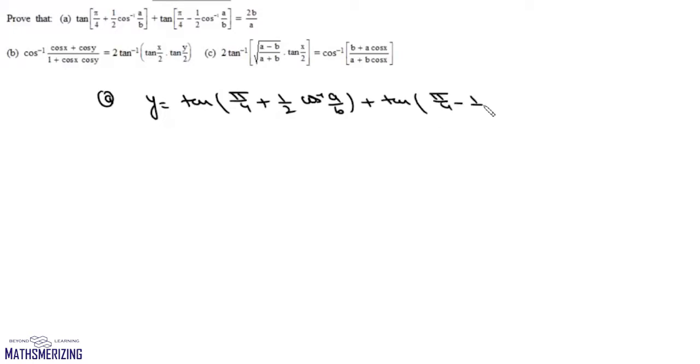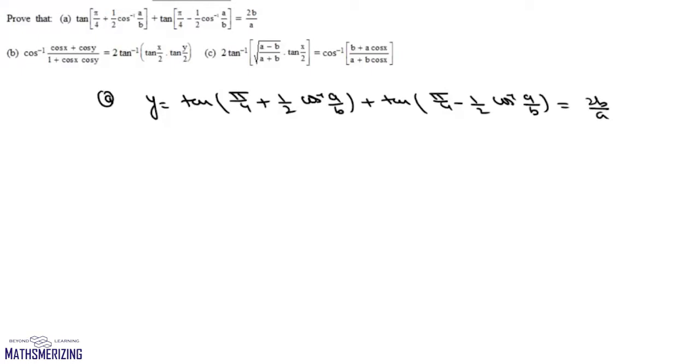Now here the question is, prove that y equals tan of (pi by 4 plus 1 by 2 cos inverse a upon b) plus tan of (pi by 4 minus 1 by 2 cos inverse a upon b) is equal to 2b upon a.